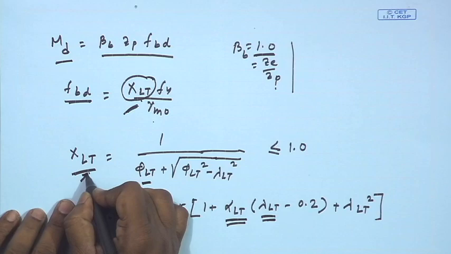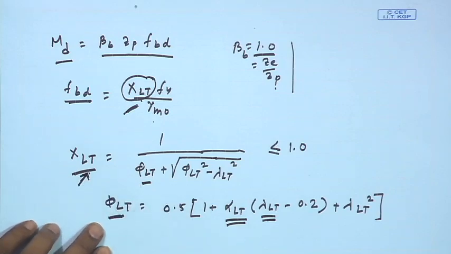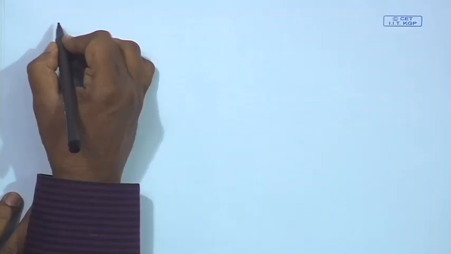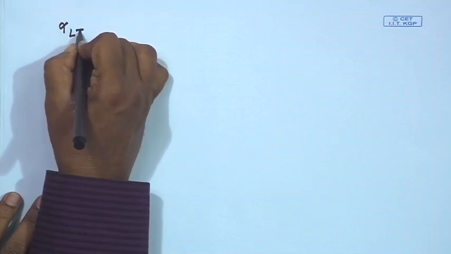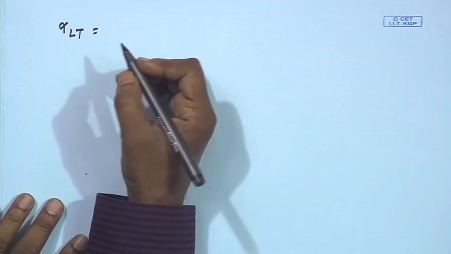So, bending compressive stress reduction factor XLT can be found from this. Now, what is alpha LT? Alpha LT is the imperfection factor for lateral torsional buckling of beam.